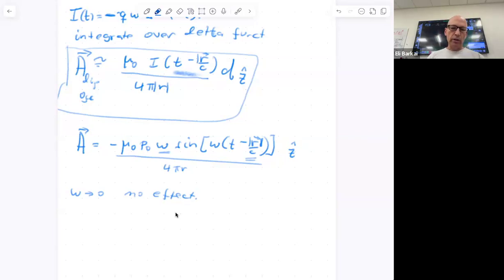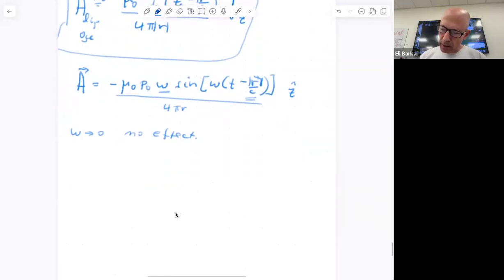It's just, if there's no dipole, there is obviously no effect. So now we have to calculate E equals minus div V minus dA dt. At last, we can calculate the electric field.